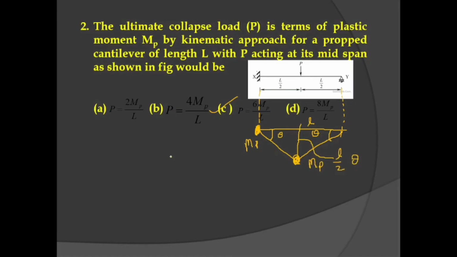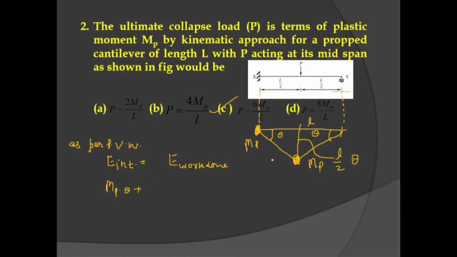As per the principle of virtual work done, internal work done, that is done by MP moment, must be equal to external work done. So internal work done is equal to MP into theta plus MP into theta plus theta.